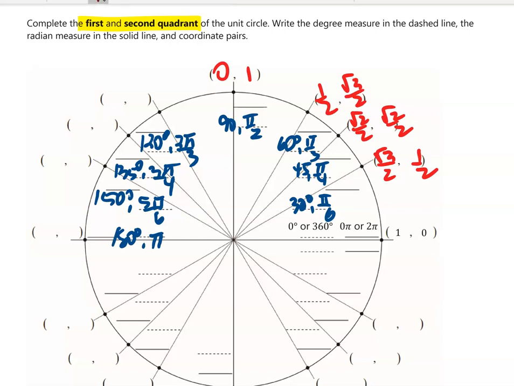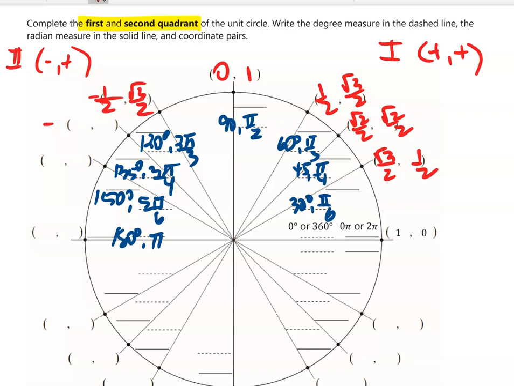The coordinates, since we know that this is quadrant 1 and both are positive, and in quadrant 2 we have here negative and positive, you can just copy this. This is going to be negative 1/2 and positive square root of 3 over 2.